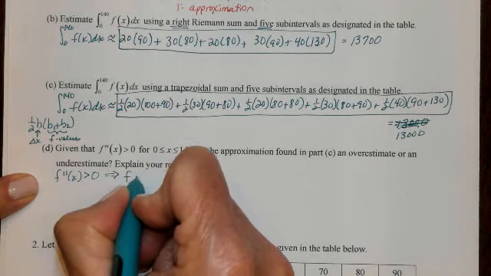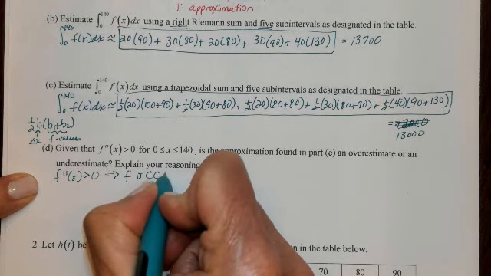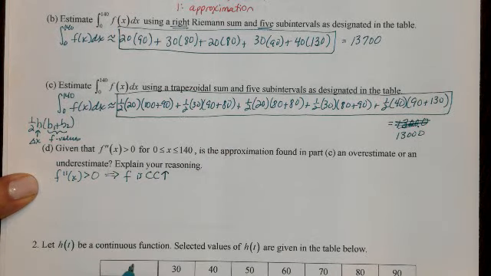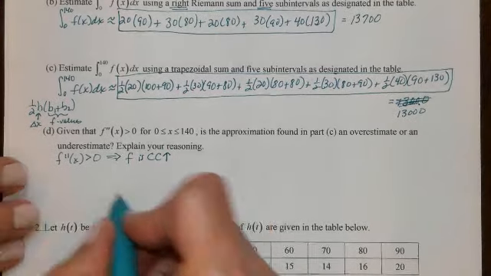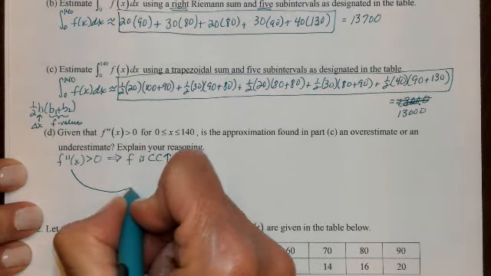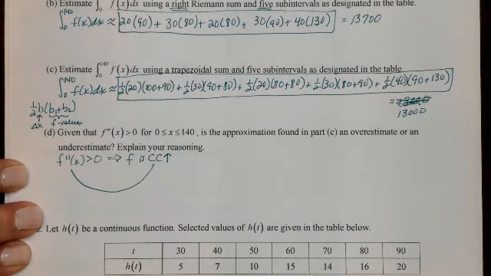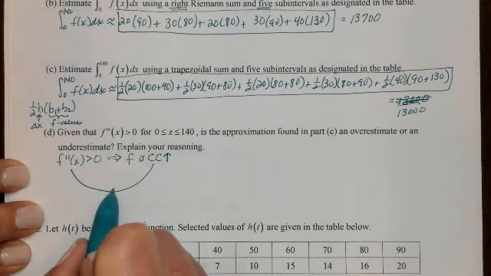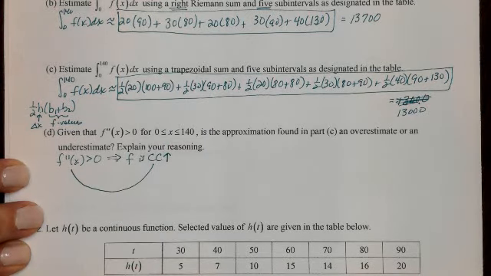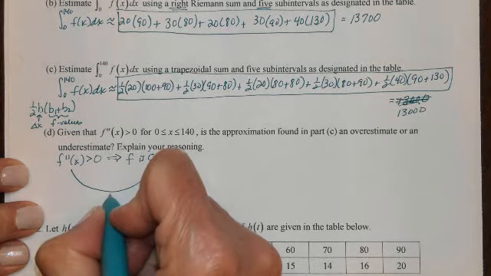That means that f is concave up, right? F must be concave up. Right? We used a trapezoidal sum on a concave up curve. So are we going to get an overestimate or an underestimate of the actual area under the curve?